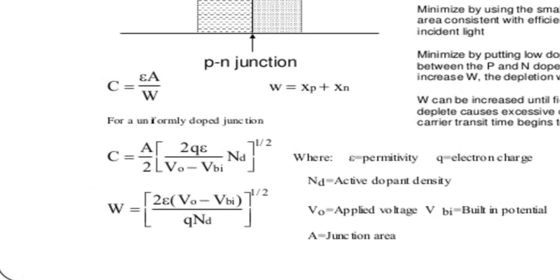For an abrupt junction, C is equal to A divided by 2 times the square root of 2 epsilon q Nd over (phi0 plus V), where epsilon is the permittivity constant, q is the electron charge, Nd is the active doping density, V is the applied voltage, phi0 is the built-in potential, and A is the junction area.